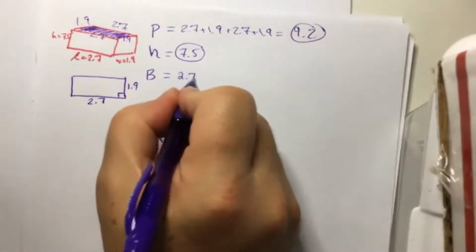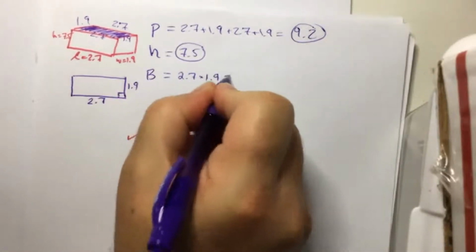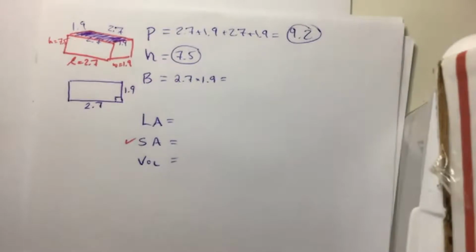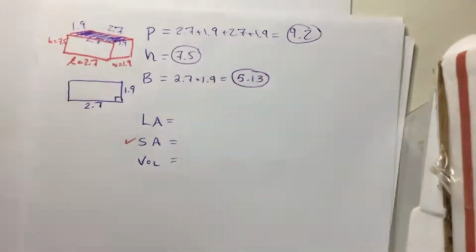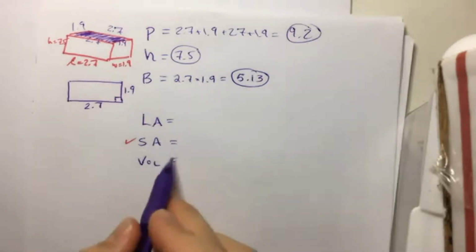So it's going to be 2.7 times 1.9. Again, you'll have different numbers. Anybody need help with getting one of those 3 numbers? This is the way we start every one of these problems. Find these beginning parts, and then we can plug them into the formulas.